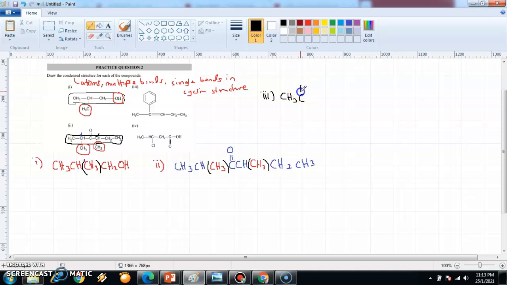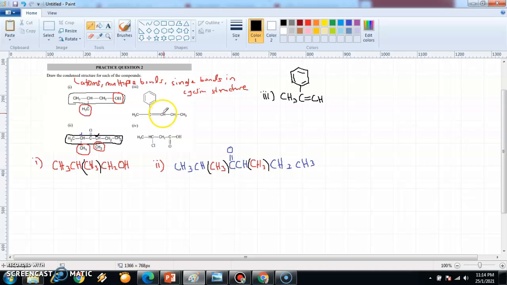The second carbon is bonded to a ring that consists of 6 carbons: 1, 2, 3, 4, 5, 6. Between the second carbon and the third carbon there is a double bond, which we have to show. Next, the third carbon has 1 hydrogen.